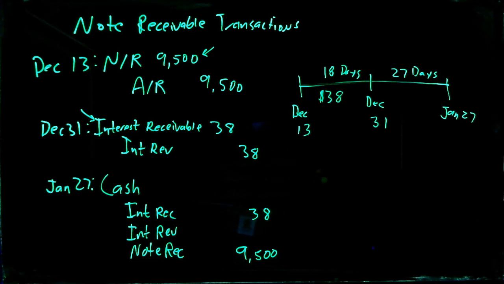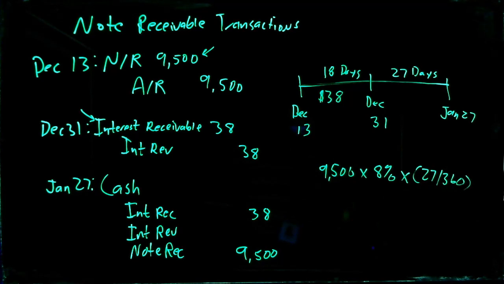So if we take our $9,500 times our interest rate of 8% times 27 over 360, we'll arrive at the interest revenue for the period from January 1st through January 27th. So if we plug that in our calculator, we get $57.